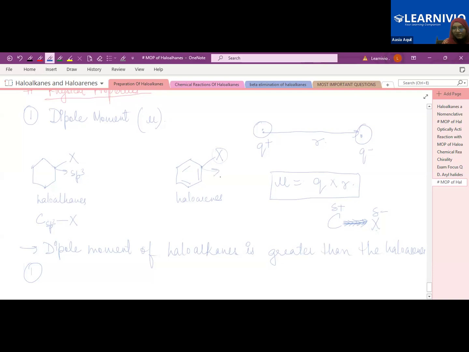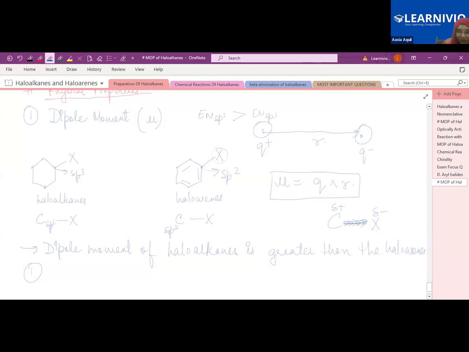Yes, ma'am, it's sp2, right? The hybridization of this carbon is sp2. So in the haloarenes, the halogen atom is attached to a carbon that is sp2 hybridized, and the electronegativity of sp2 carbon is greater than that of sp3.